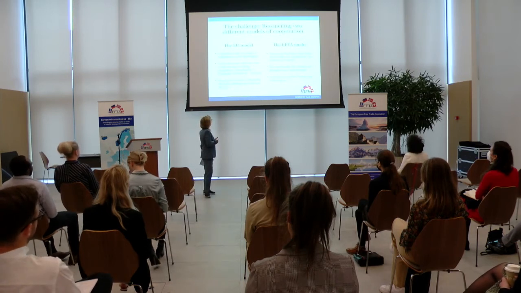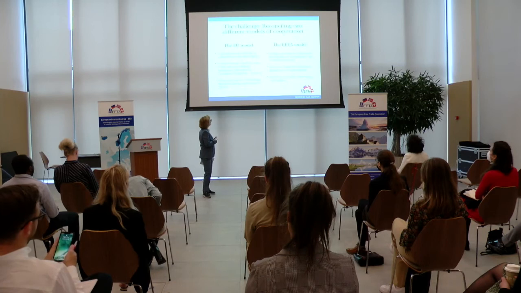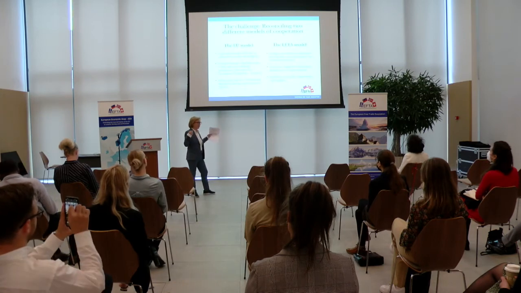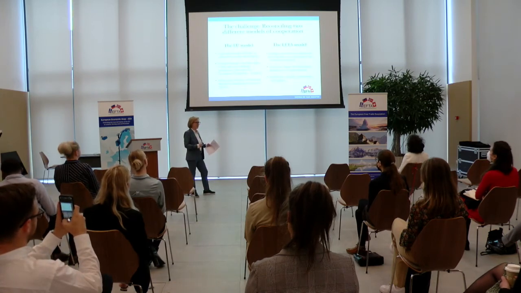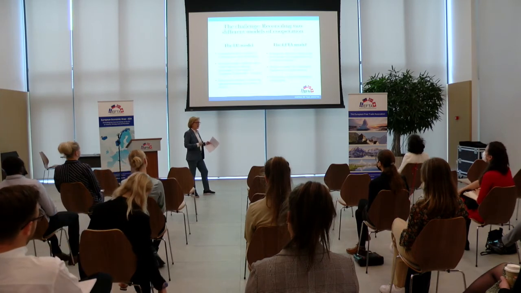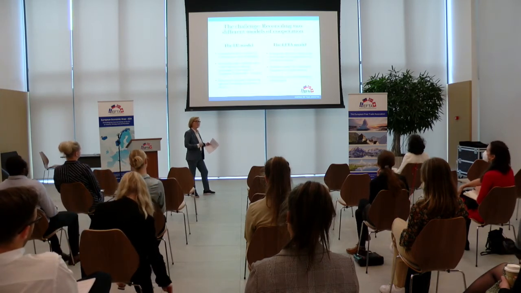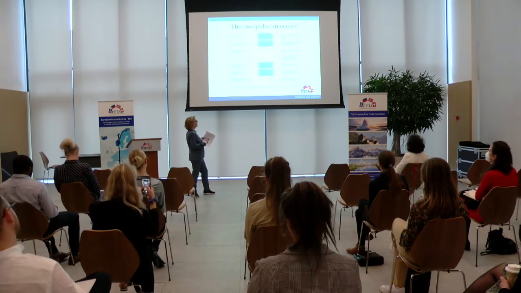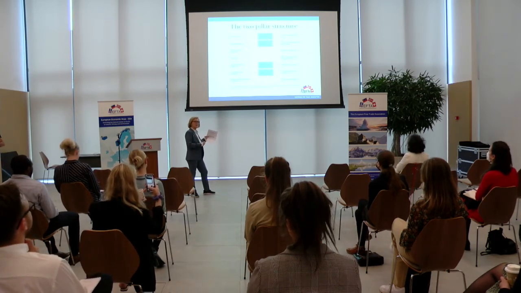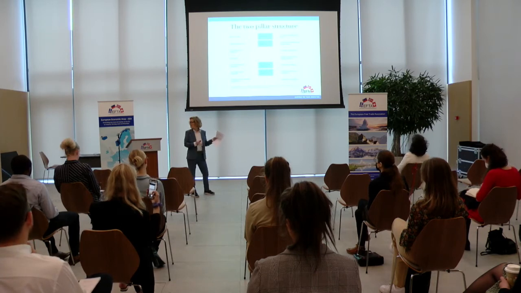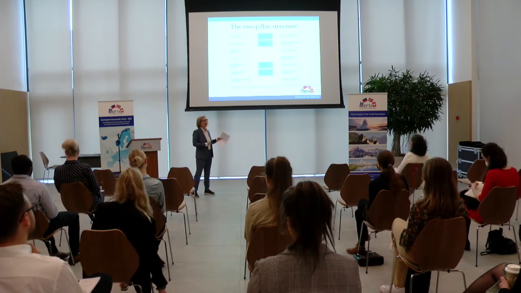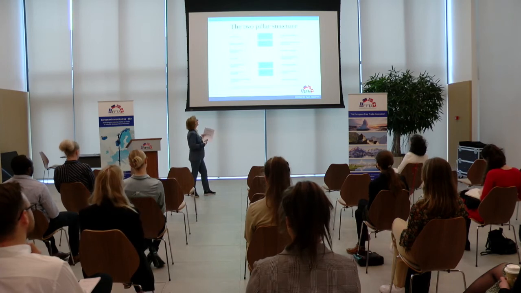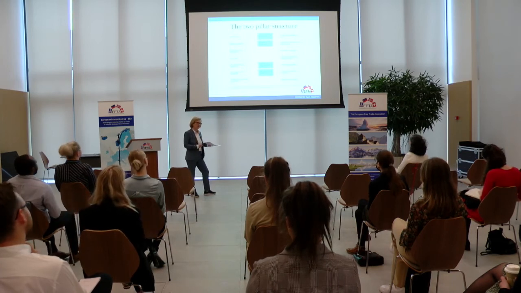So, in order to fulfill the objectives of the EEA agreement and at the same time reconcile these two models of cooperation, we have this institutional setup. It's commonly referred to as the EEA two-pillar structure.